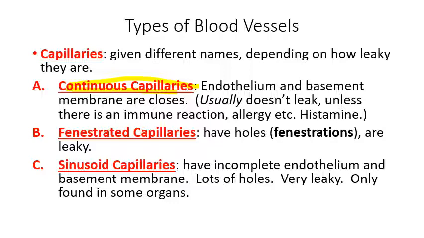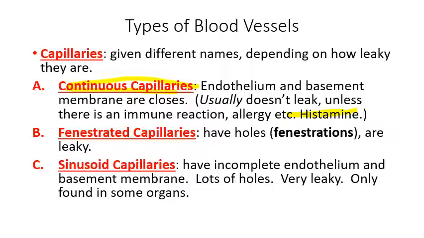When we talk about the lymphatic system later on, we're going to talk about the fact that if your body is allergic to something, like pollen, for instance, if you have hay fever, certain cells release a chemical called histamine that has the effect of making the capillaries leaky, and that allows fluid to leak out of the capillaries into the soft tissues of the body, including the soft tissues around your eyes and your nose. And that's why if you have hay fever, you get red, puffy eyes, because the blood is literally leaking out of the capillaries that surround the soft tissues of your eyes and your nose.